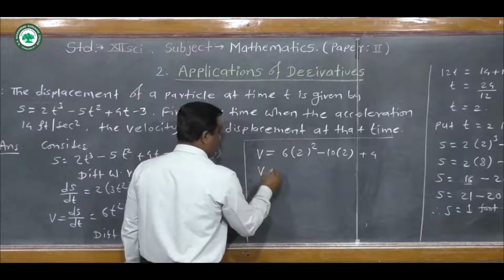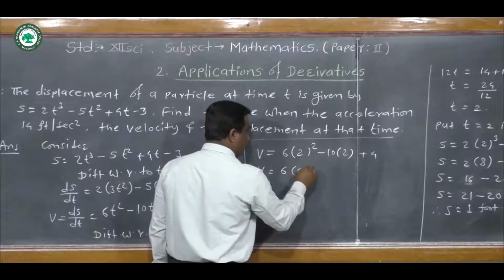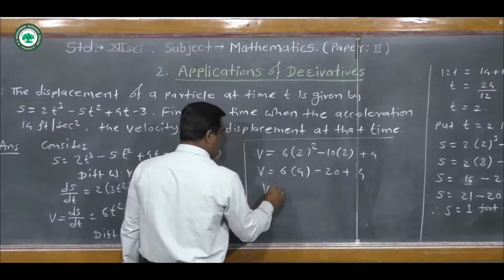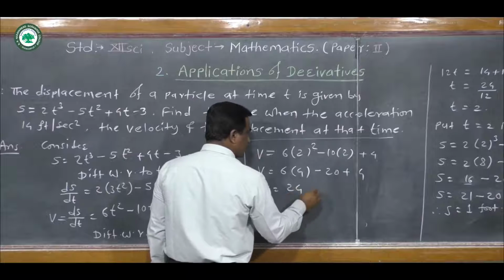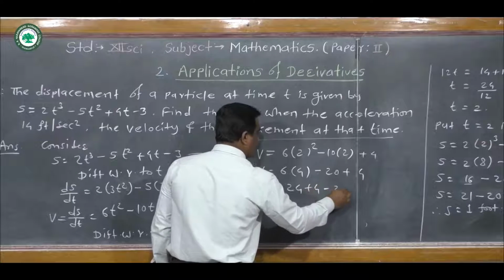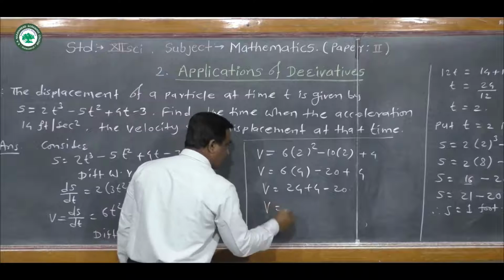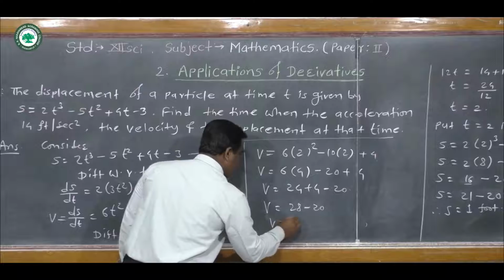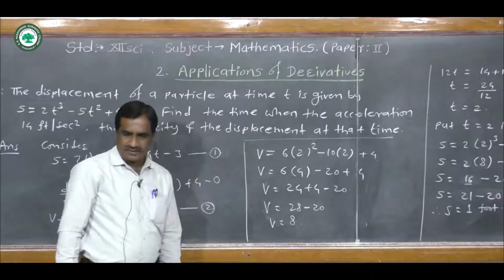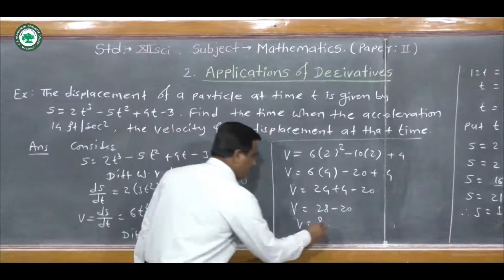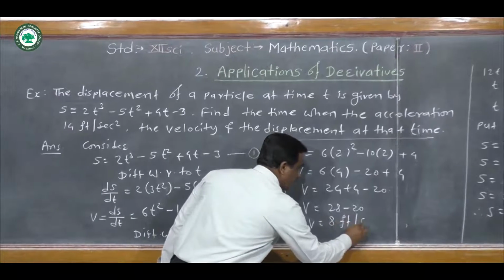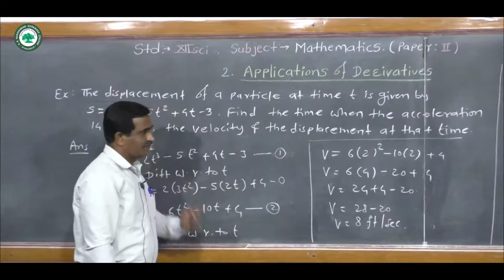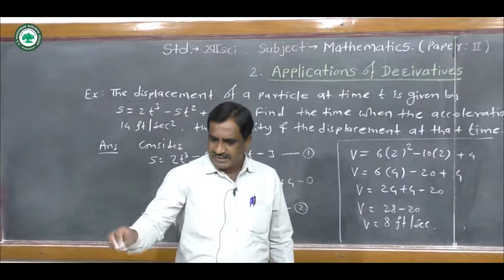That is v is equal to 6 into 4 minus 20 plus 4, that is v is equal to 24 plus 4 minus 20, that is 28 minus 20. v is equal to 8. That is we get velocity v is equal to 8 feet per second. This is the velocity for the given displacement. Okay, now we see the next example.